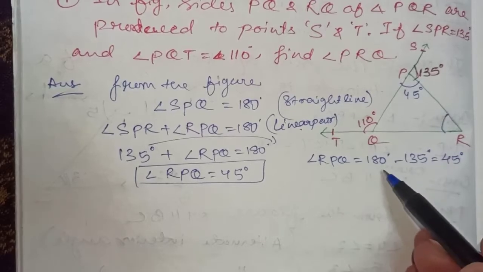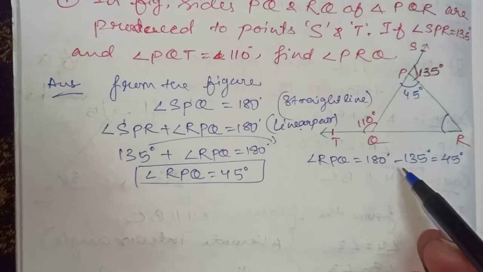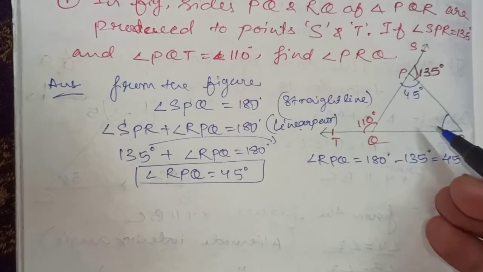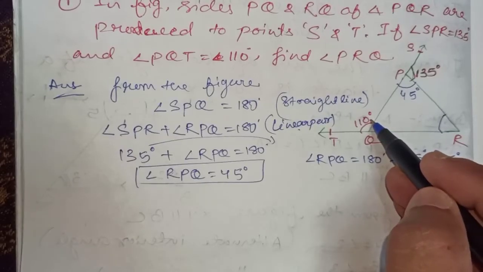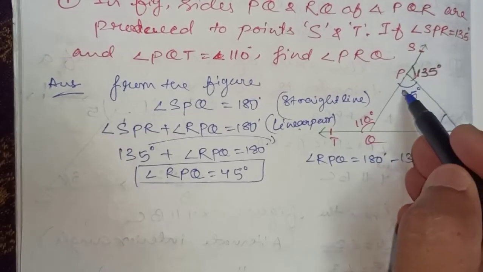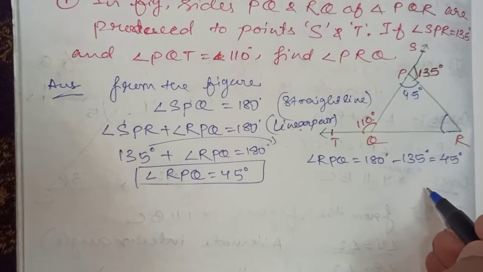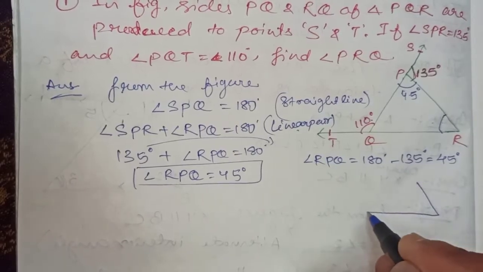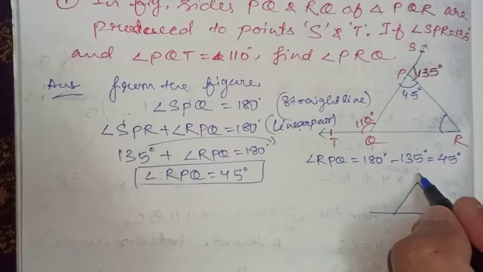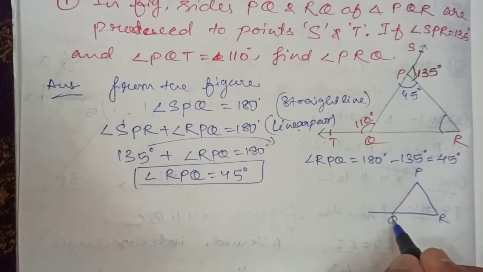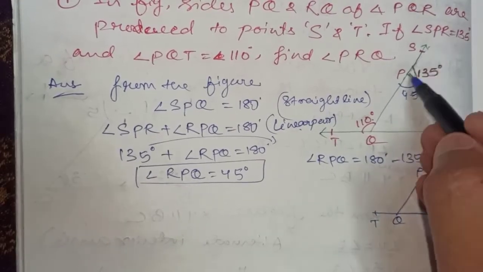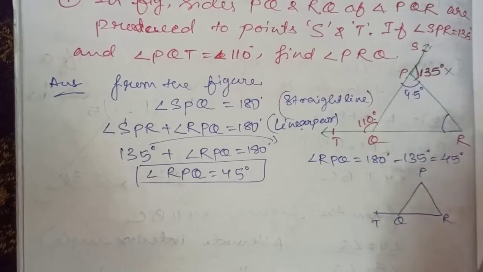Now, just now we have learned a theorem that exterior angle is equal to the sum of two opposite interior angles. Okay, just a small diagram I will draw. This is a rough diagram, PRQ and T. I am not drawing this line, no need of using this angle now.